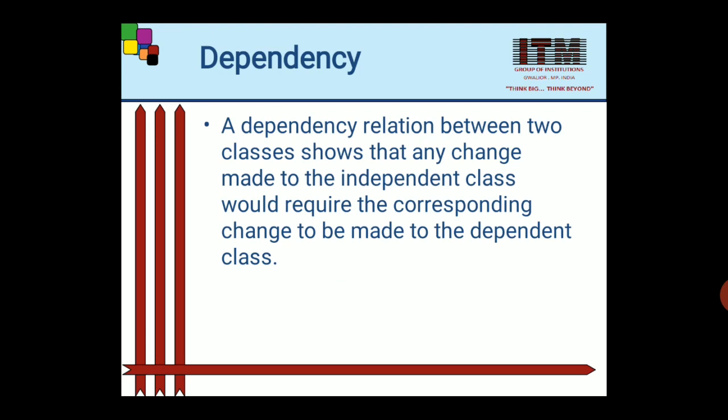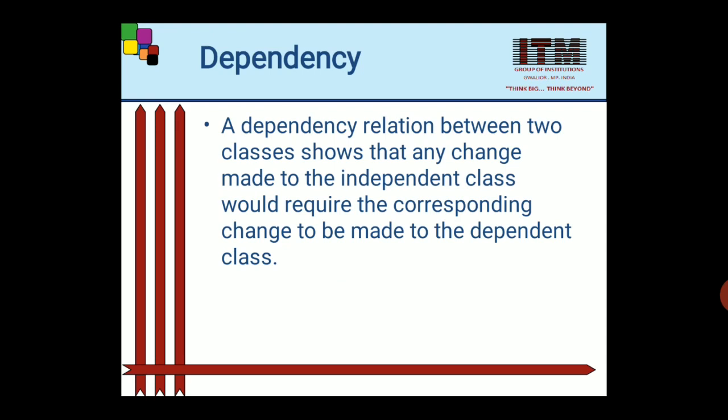Dependencies amongst classes may arise due to various causes. Two important reasons for a dependency to exist between two classes are: a method of a class may take an object of another class as an argument, and a class implements an interface class.